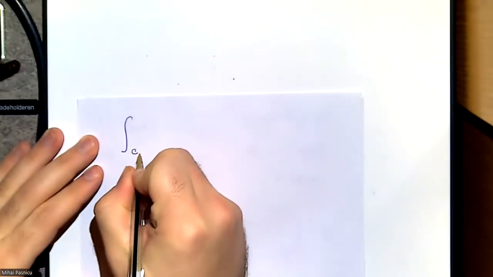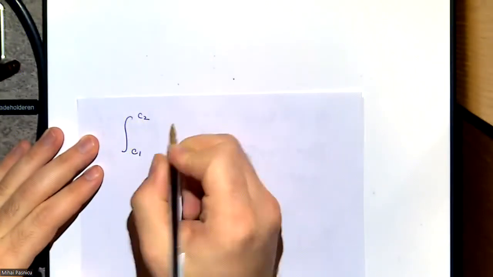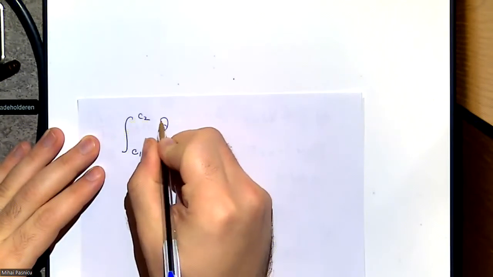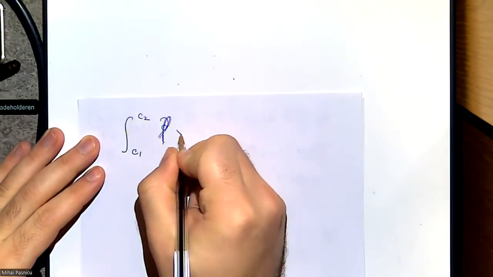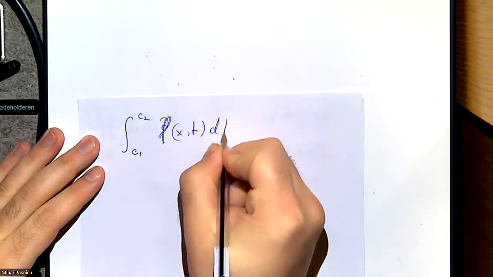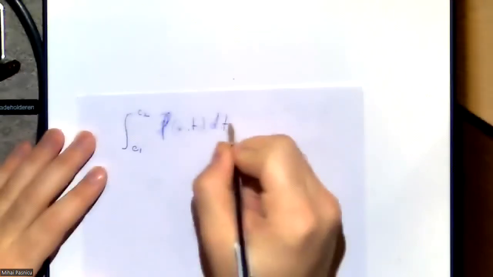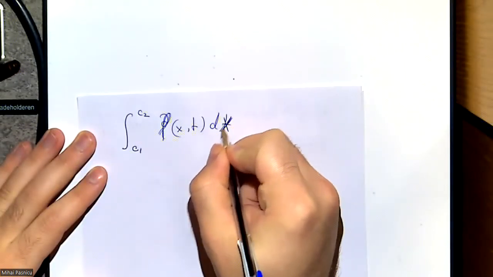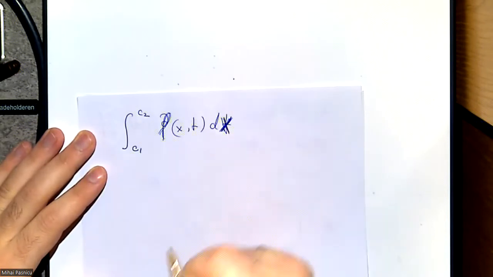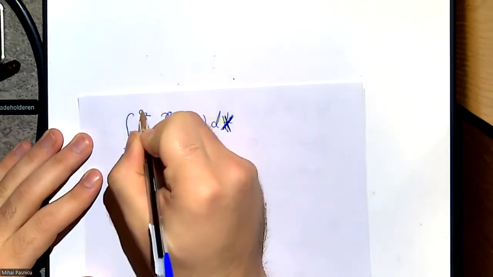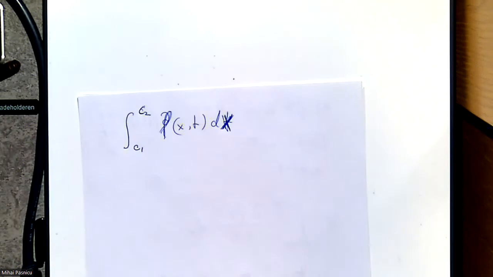the integral from constant 1 to constant 2 of f(x, t) dx. If it looks like this, if you have constant 1 to constant 2.